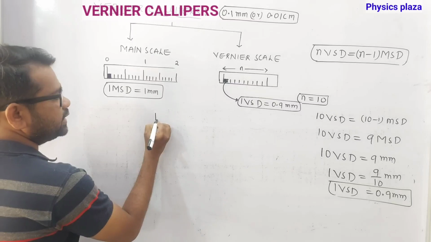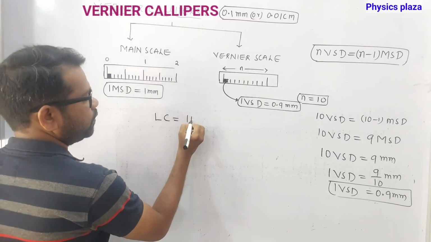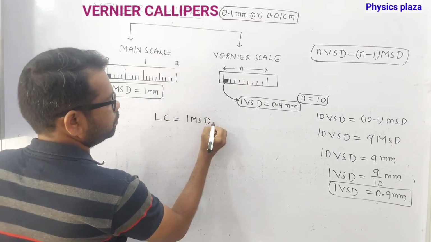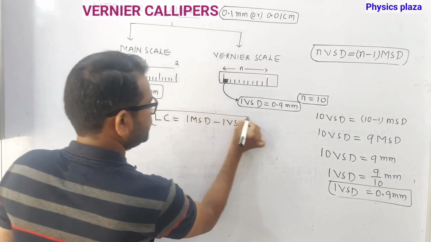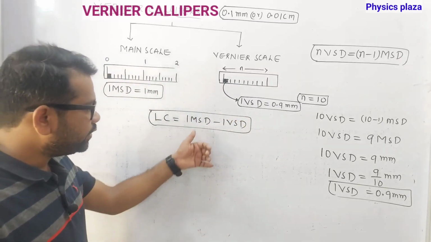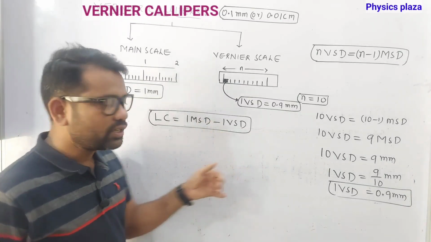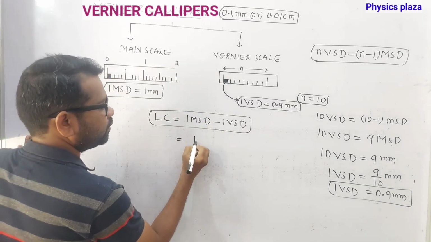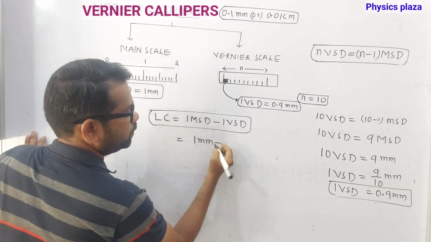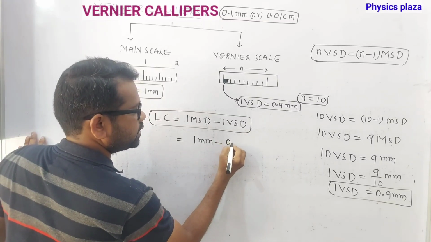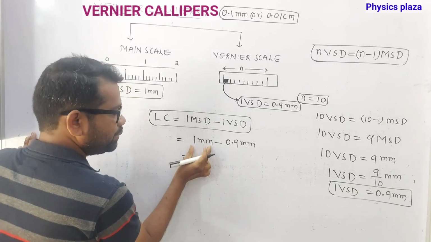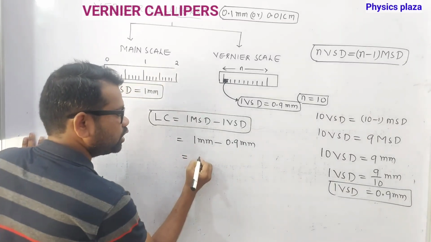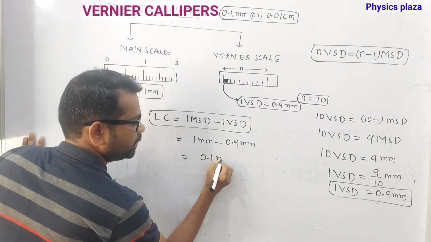Now, how to calculate the least count of Vernier calipers? Children, the least count of Vernier calipers is equal to 1 MSD minus 1 VSD. This is the formula we use to calculate. Here we know the value of 1 MSD and 1 VSD. 1 MSD is 1 millimeter, minus 1 VSD, which is 0.9 millimeter. So this is 1 millimeter minus 0.9 millimeter, which is 0.1 millimeter.